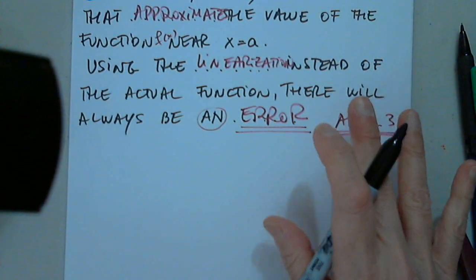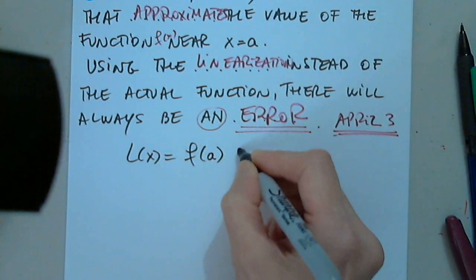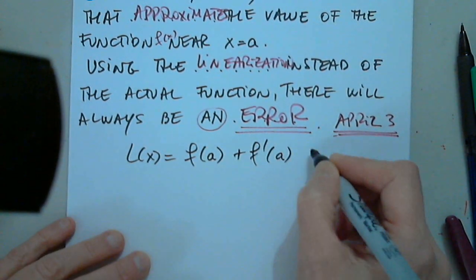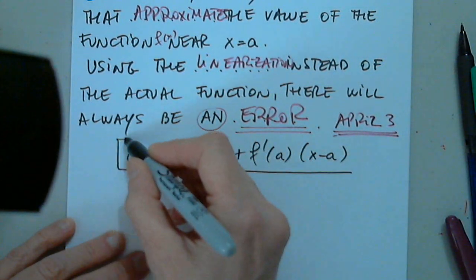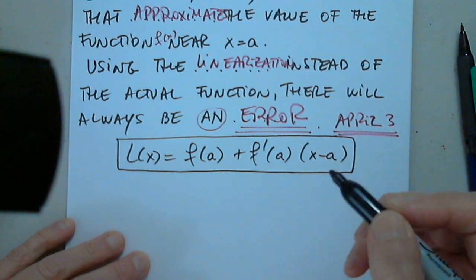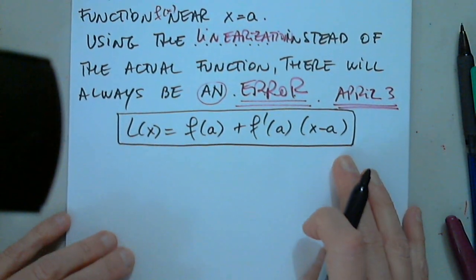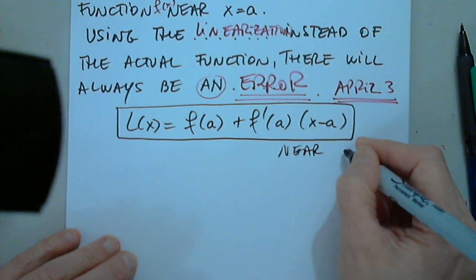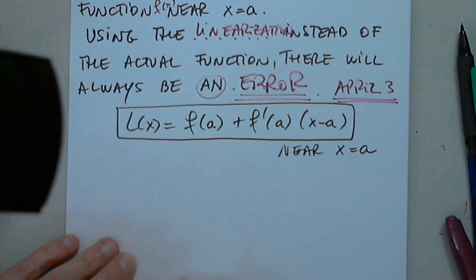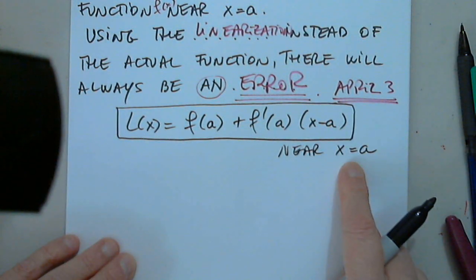So let me refresh your memory. We said that L of x equals f of a plus f prime of a times x minus a. I want to put it here because I want you to see that what we are going to look at is extremely similar to this in a moment. And of course, near x equals a, the linearization can be used to approximate the function.